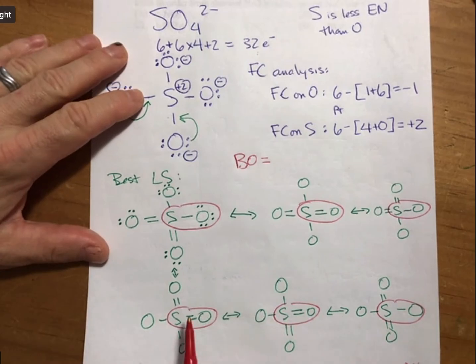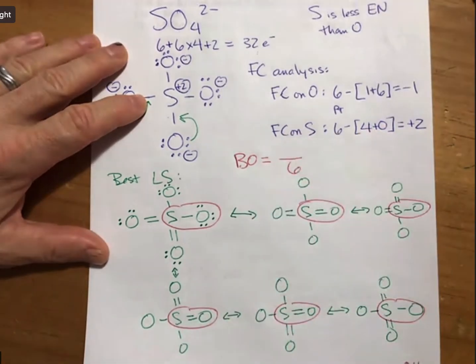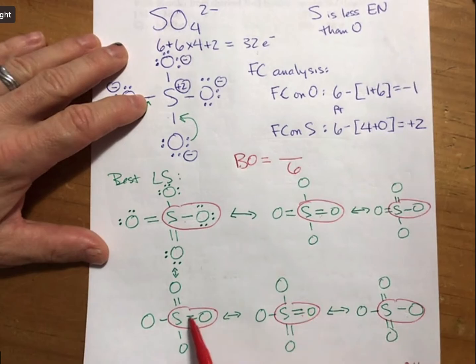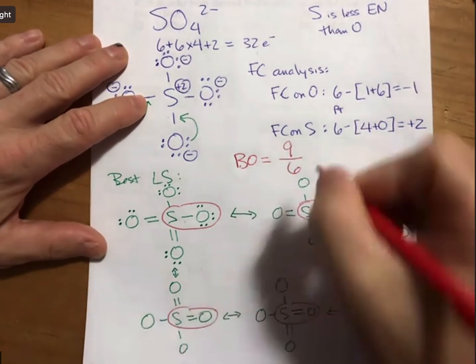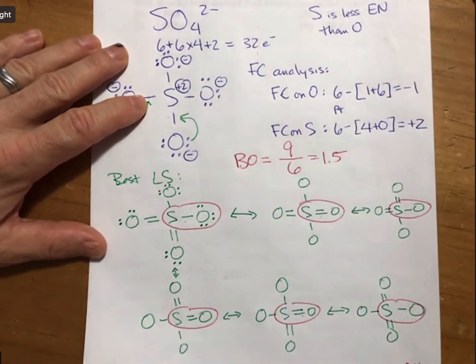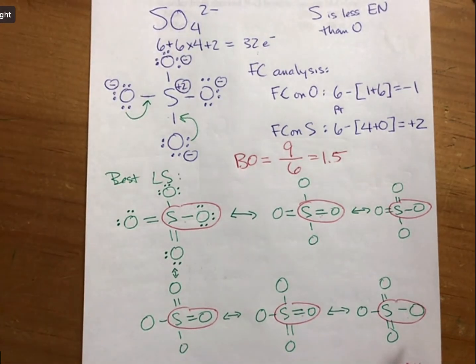There are 6 resonance structures, and there are 1, 2, 3, 4, 5, 6, 7, 8, 9 bonds. So you get 1.5. Not that that was asked for in this question, but it seemed like a useful thing to do.